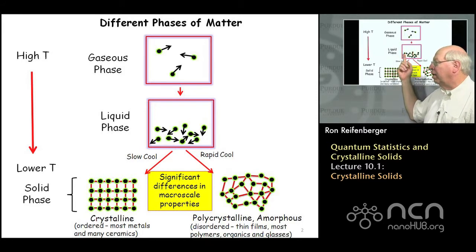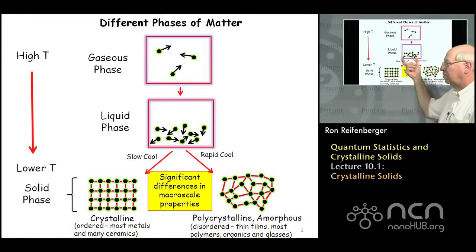And then the liquid, of course, can be cooled further, and this collection of liquid atoms can then be condensed into a solid phase of matter. For the sake of argument, I'd like to make the distinction between the polycrystalline and amorphous state of solids, and then also a crystalline state of solids. The polycrystalline and amorphous state is what happens if you rapidly cool a liquid.